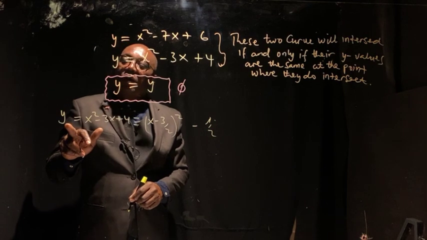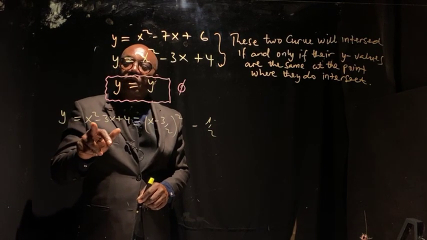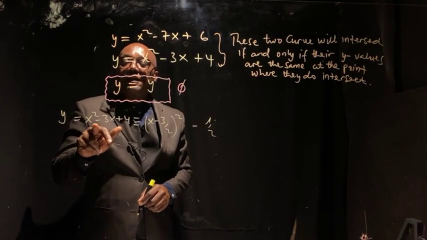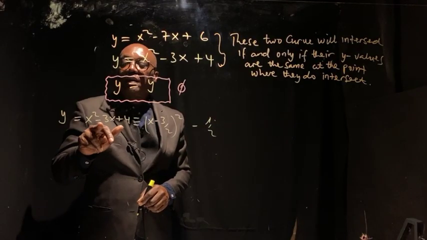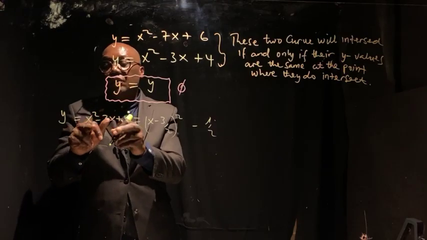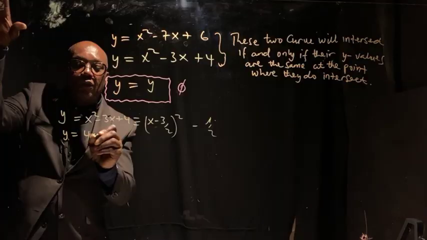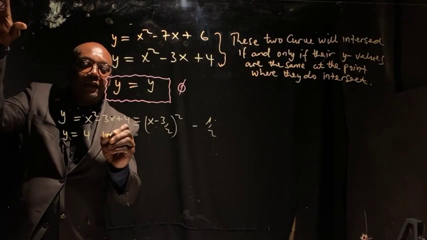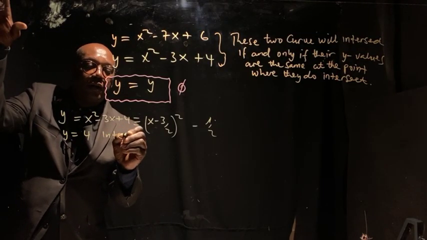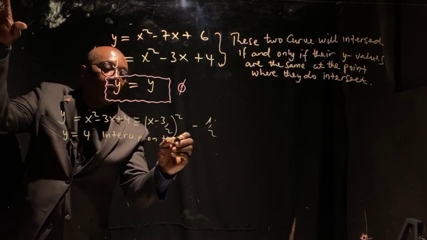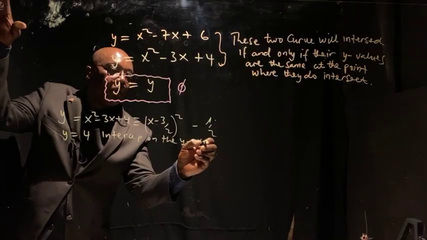Intercept on the y-axis, x equal to 0. So if x equals 0, then the intercept on the y-axis is y equal to 4. We say intercept on the y-axis.